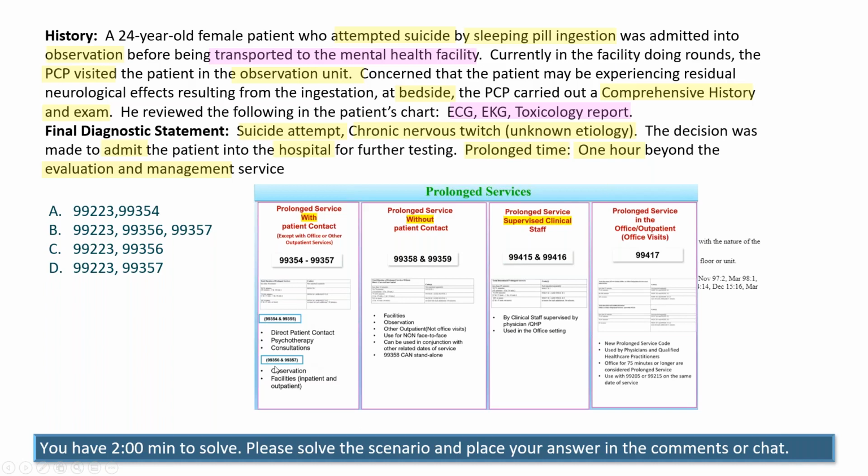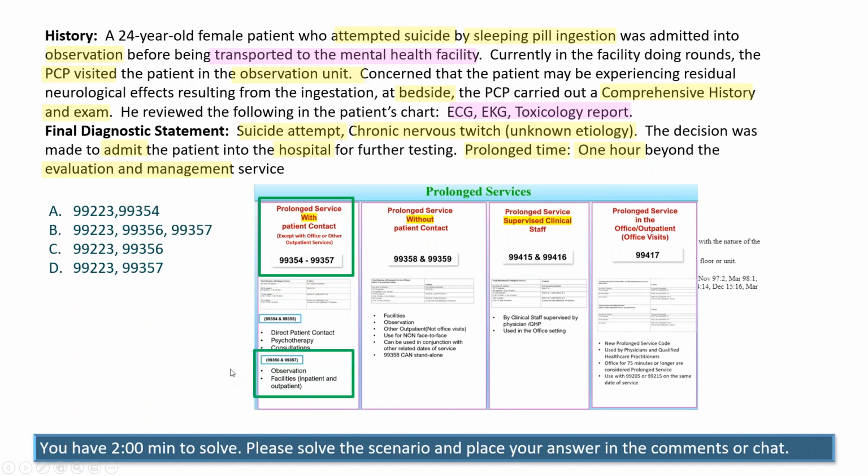If we look below, 99356 and 57 is the family for observation or facilities, inpatient and outpatient. This patient was admitted into the hospital inpatient, and this is exactly where we're going to get our code from. 99356 family.